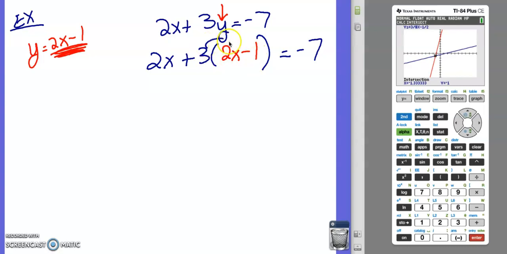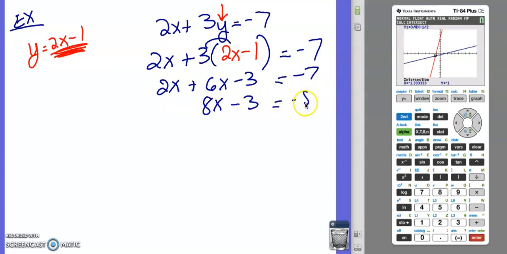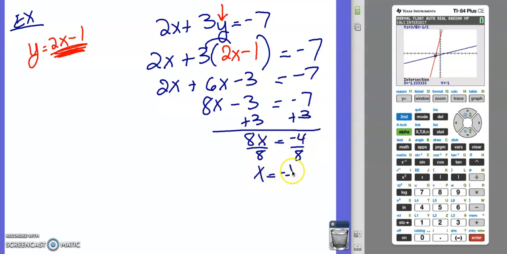So I'm going to use the distributive property. All right, so I'm going to get negative 1/2.